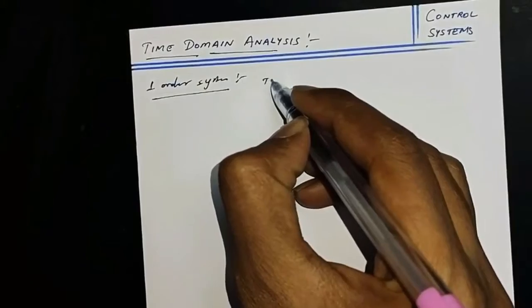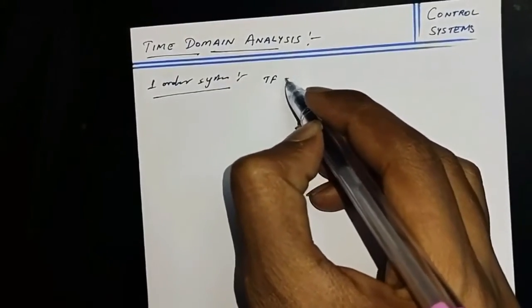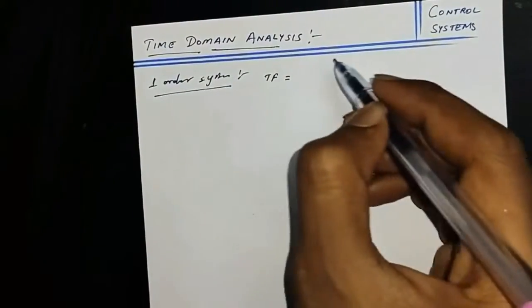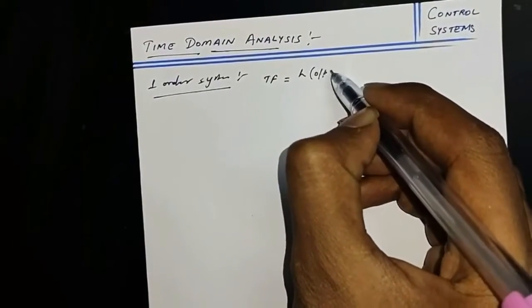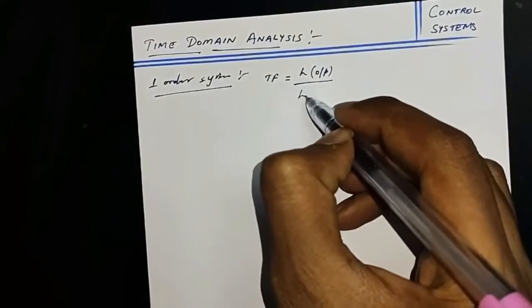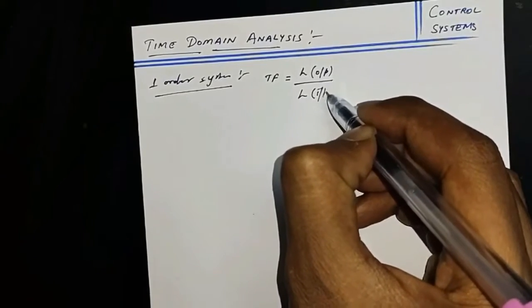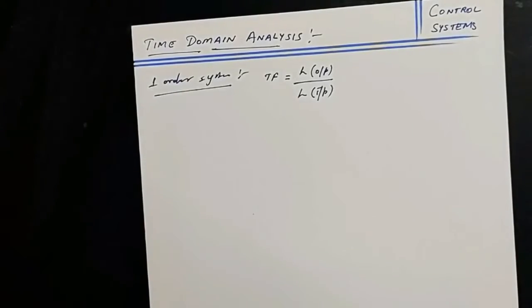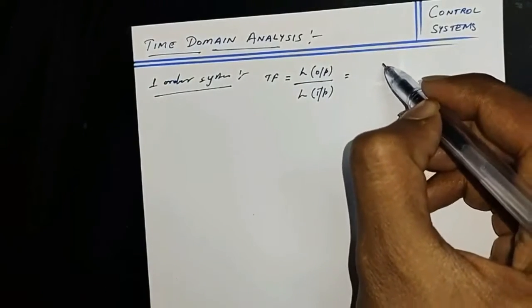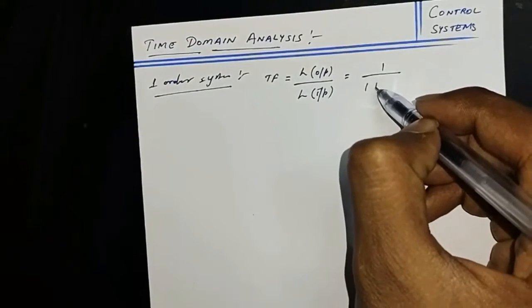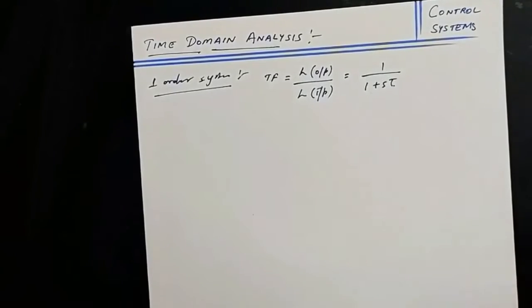So the transfer function for first order system is given as, basically the transfer function is what? Laplace transform of output divided by Laplace transform of input. Now the transfer function of first order system is generally given as 1 plus this thing.